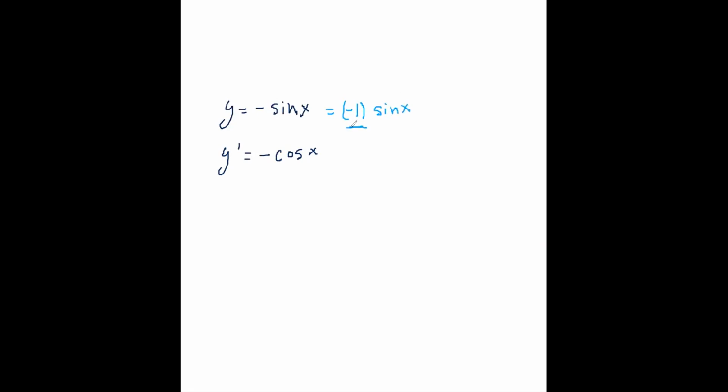And so this would be a constant. And so this would be -1 times the derivative of sine x, or -1 times cos x. So if you ever see a negative sign just hanging out here, you can always separate it off and say that's -1, and I'm not going to worry about it until the very end because that's a constant.